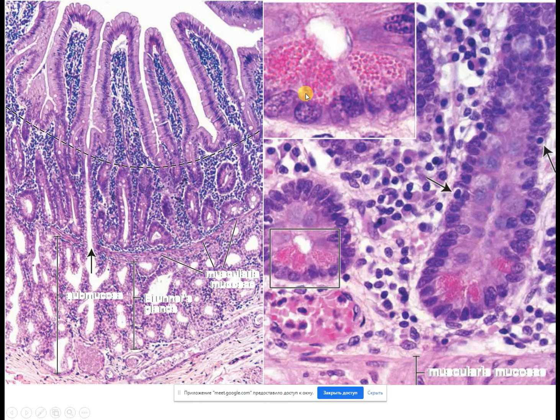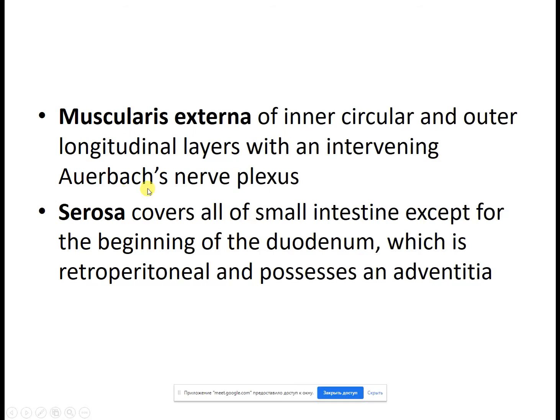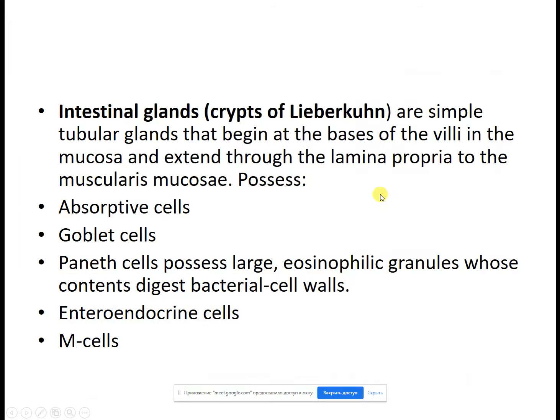They are present closer to the bottom of the gland, so you see them very close to the muscularis mucosa. And I remind you that the muscularis mucosa is a border between lamina propria and submucosa.